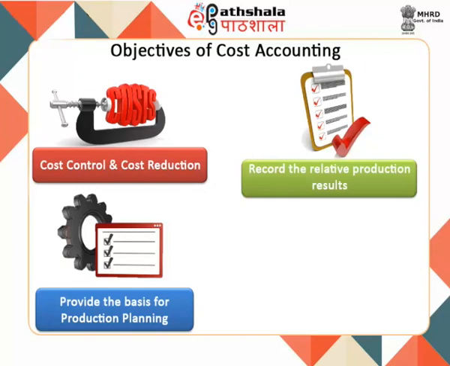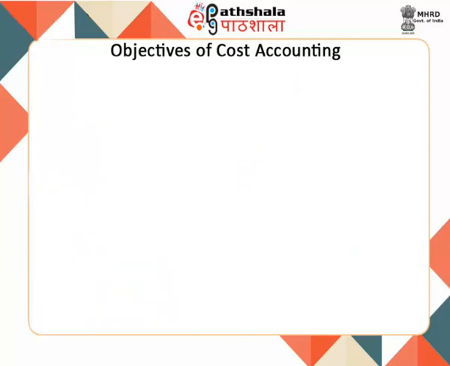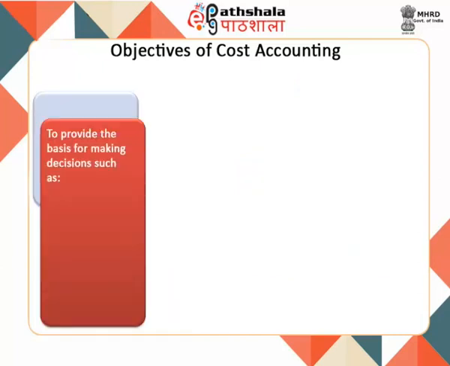Number four, to provide data for different periods and various volumes of output for effective planning and future expansion of business. Number five, to provide the basis for making decisions such as to shut down or operate, to make or buy, to continue with existing plant or machinery, or to replace it.